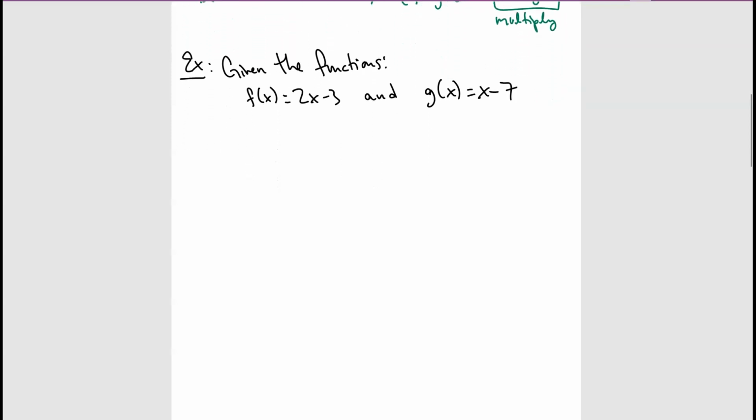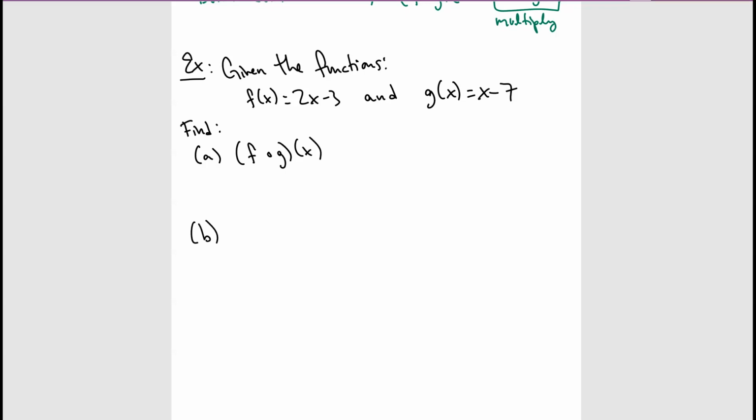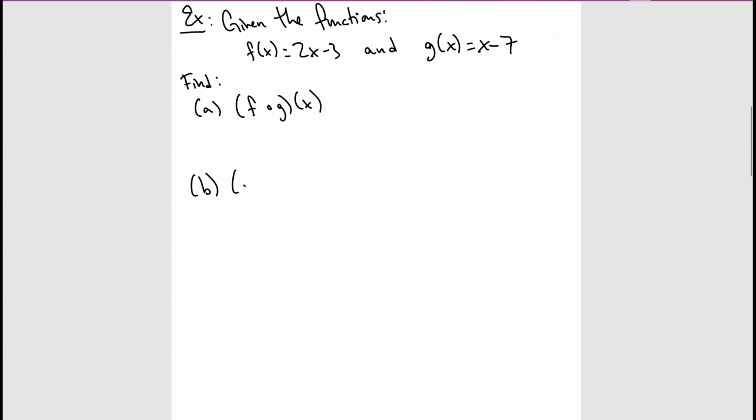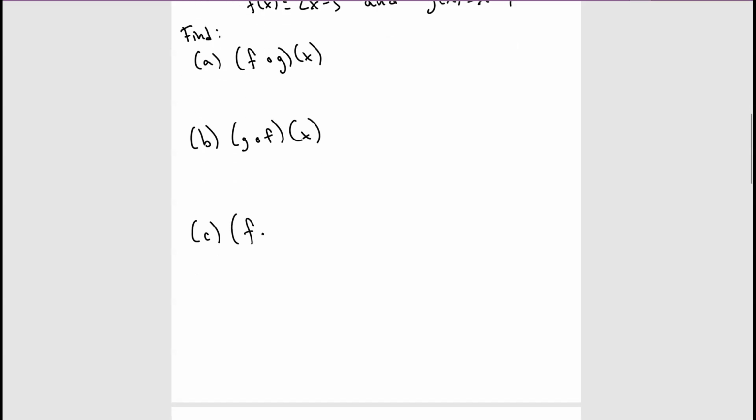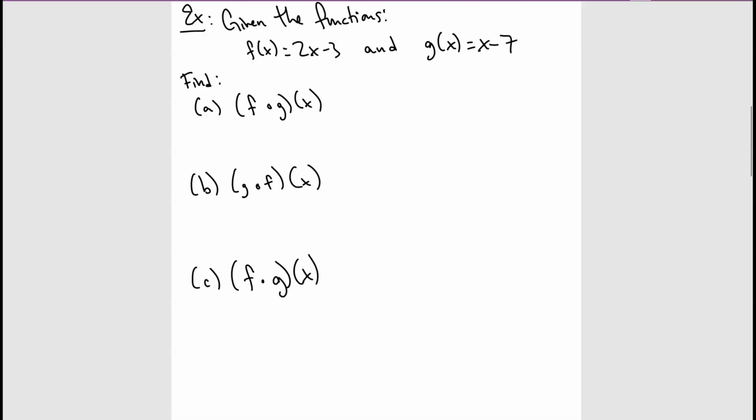This is what I want to do with these functions. First, I want to find f of g of x. Then I want to find g of f of x. And then finally, I want to find f times g of x.